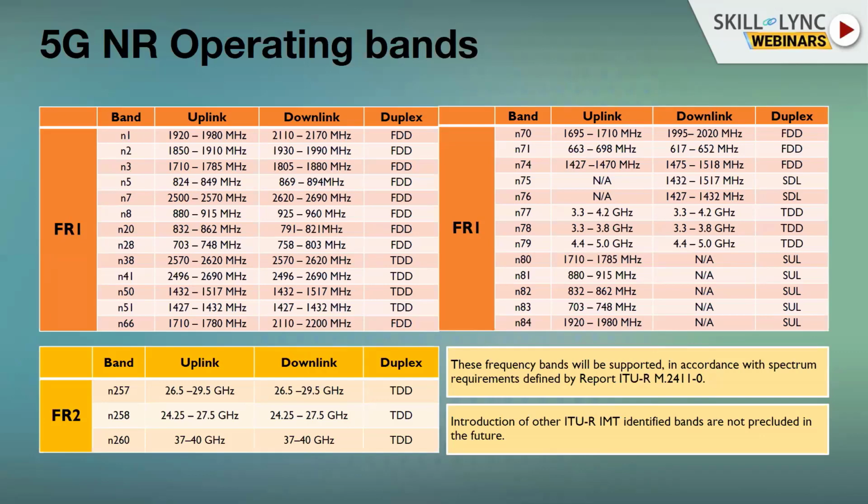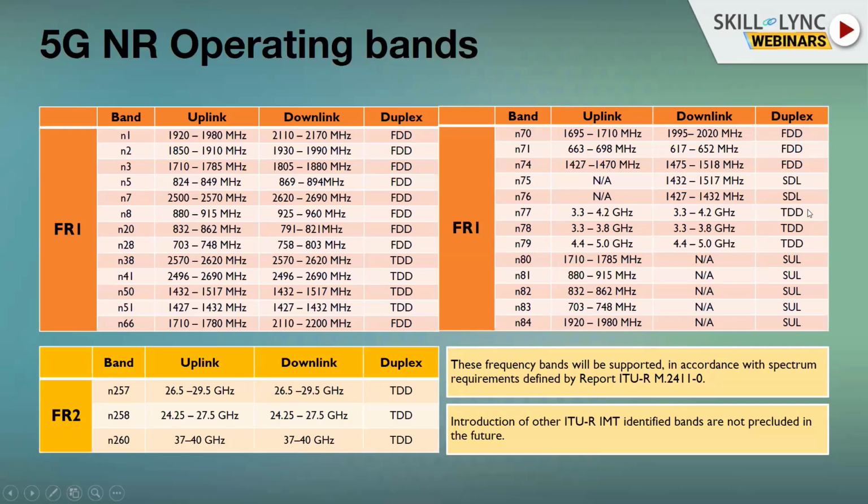Furthermore, apart from frequency ranges, NR bands can be classified into 3 categories. We have the frequency division duplex band, or FDD, as mentioned here. We have the time division duplex band, or TDD, as mentioned here.